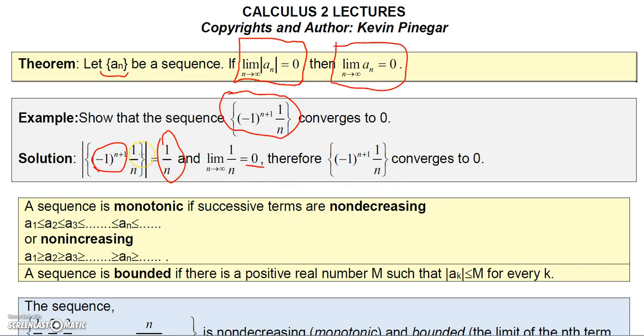Okay, so basically what did I show? I showed that the limit of the absolute value of this sequence goes to 0. So by that theorem up there, the original sequence must also converge to 0 as n goes to infinity.